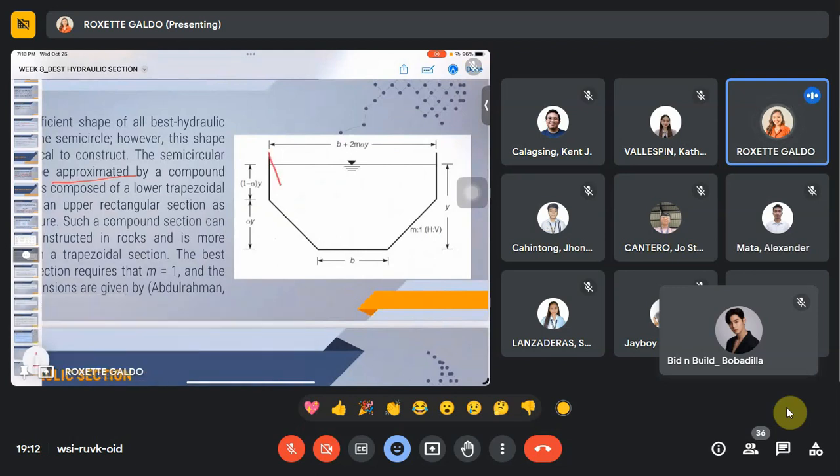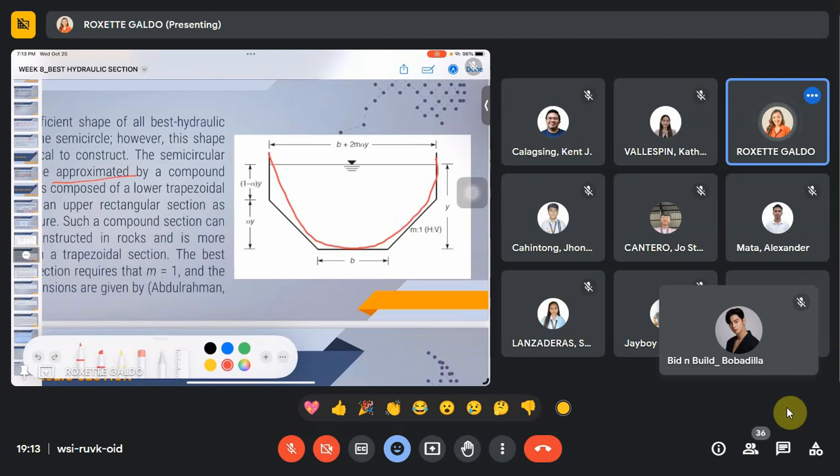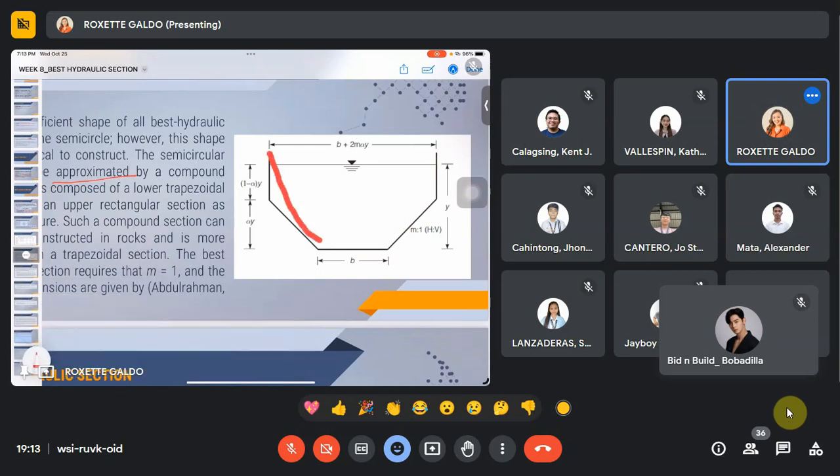So if you really want to have a semicircle channel, for example, okay, that's not a semicircle. So, for example, this is a semicircle. Instead of having it a semicircle, for easier constructability, for you to have an easy way to construct your channel, you're not going to have really the exact shape of a semicircle.